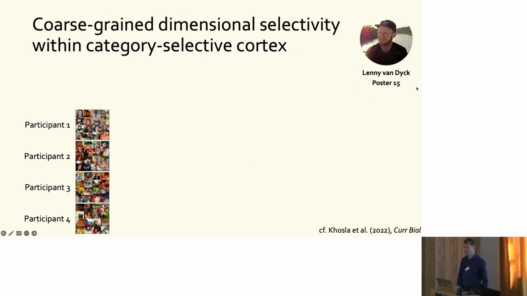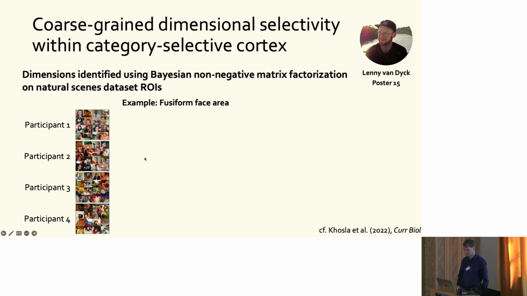If you're interested, he has the poster presentation today, poster number 15. So what he looked at is responses in the patterns of brain activity, and he's then directly identifying some underlying dimensions using this so-called Bayesian non-negative matrix factorization, an approach that was spearheaded here in Nancy Kanwisher's lab.